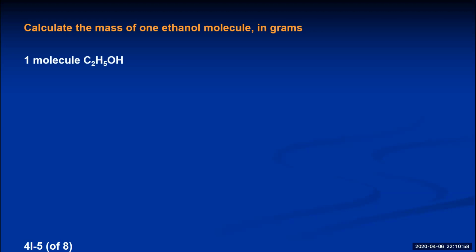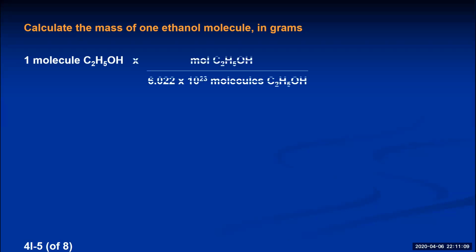The only type of equality statement we know that includes molecules is the Avogadro number equality statement: 6.022 times 10 to the 23rd molecules equals a mole. So I'm going to use that, arrange it with the molecules on the bottom so they'll cancel out, mole on the top. And if we do this, we're calculating how many moles of ethanol there are if you have one molecule. If my units are now moles, I can switch moles into grams by using the molar mass.